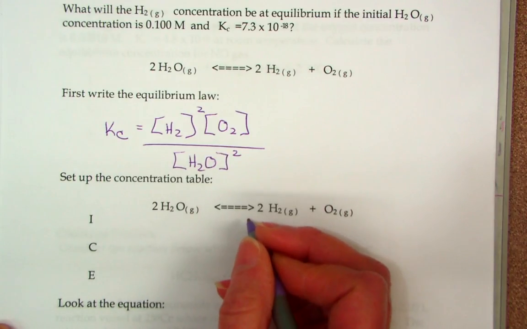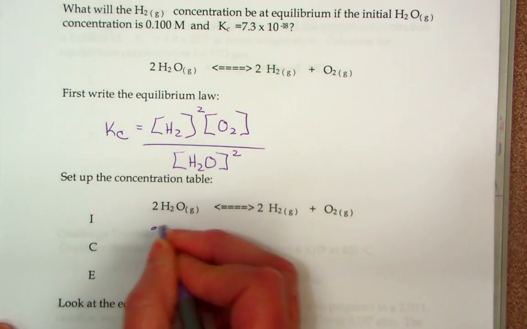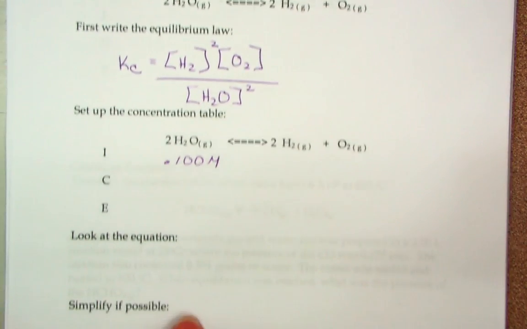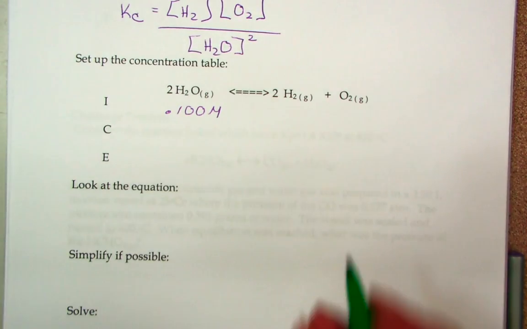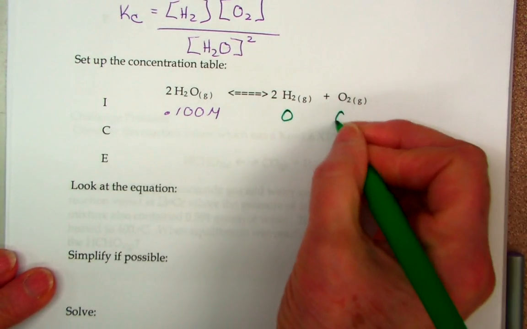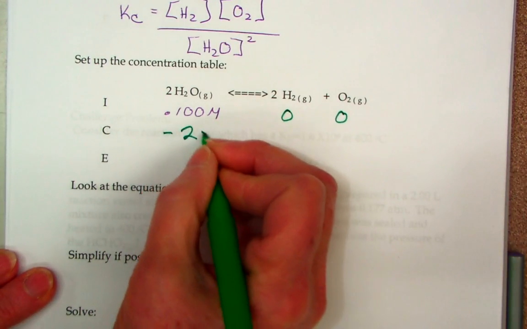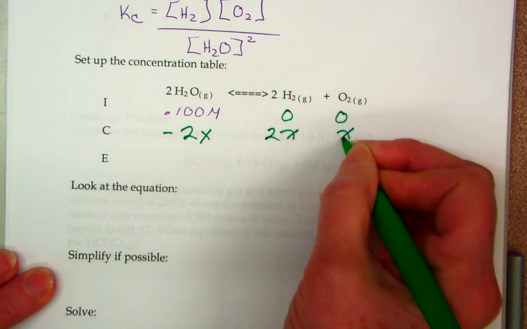So now we'll set up our concentration table. We have an initial concentration of 0.1 molar. That's all the information we're given. So as we fill this in, to start I have no products, so I have 0 and 0. Since there's a 2 here, minus 2x, 2x, and x.